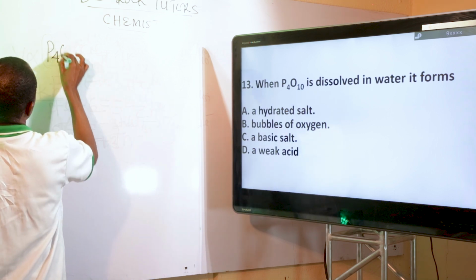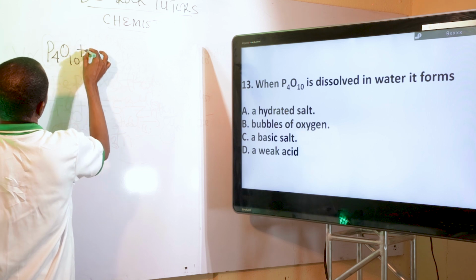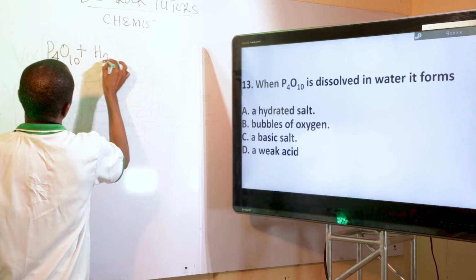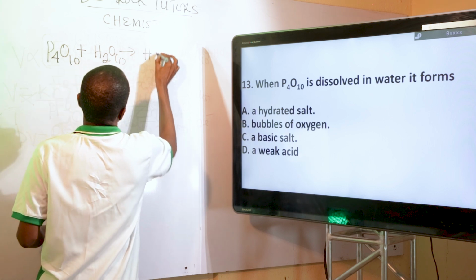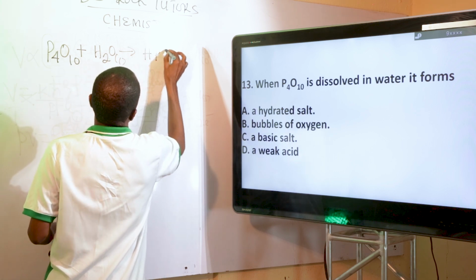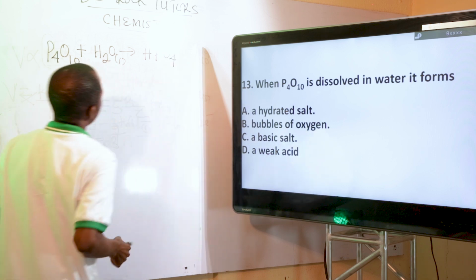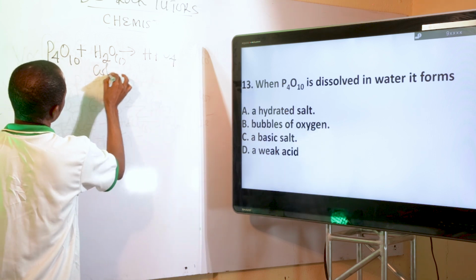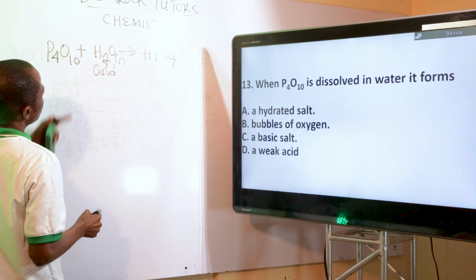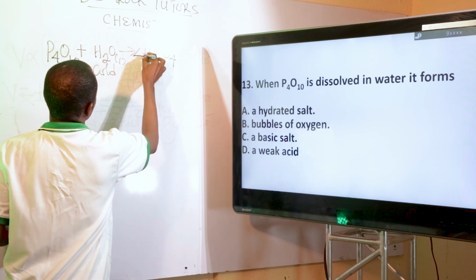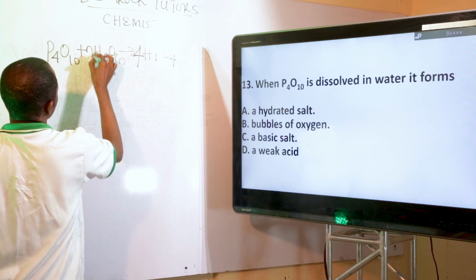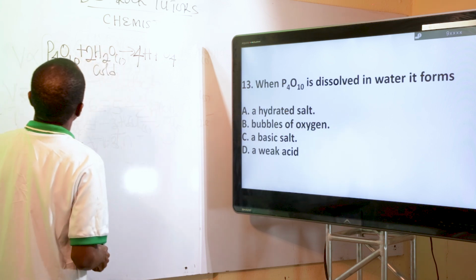When P4O10 dissolves in water, it can form HPO4. If this is cold water, it can react to form HPO4. And to balance this, we can have 4 here, we have 2 here.